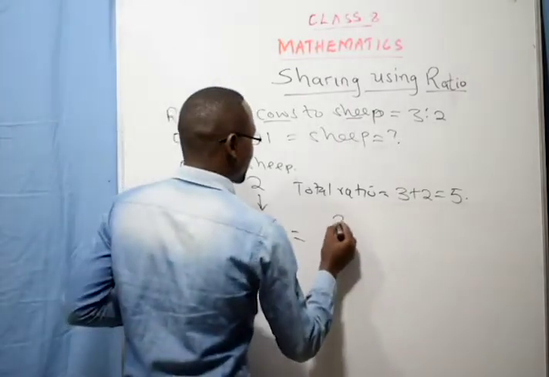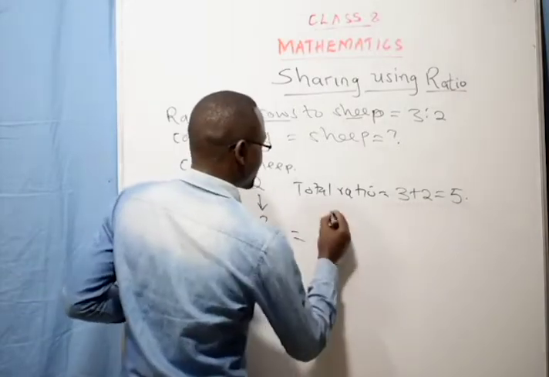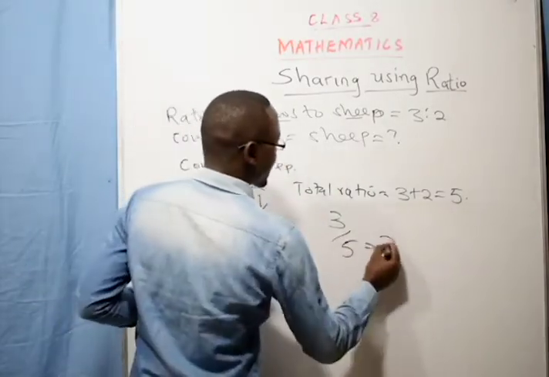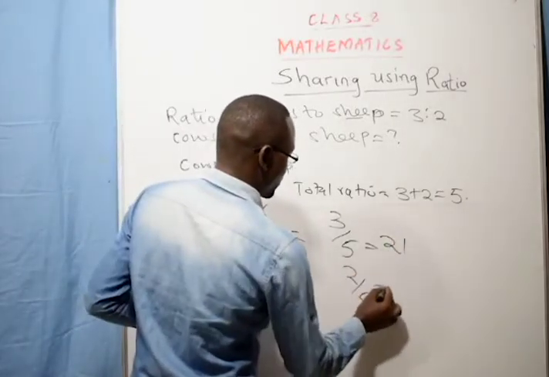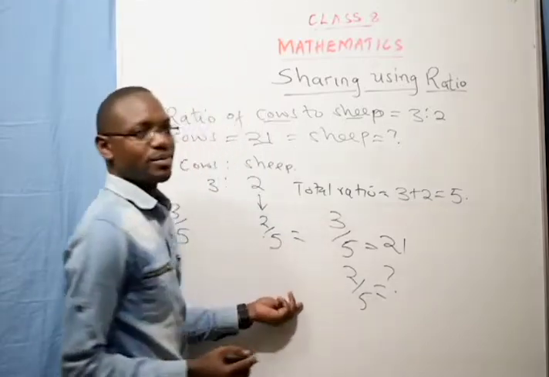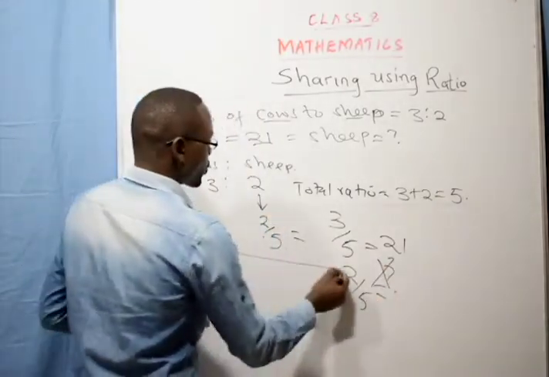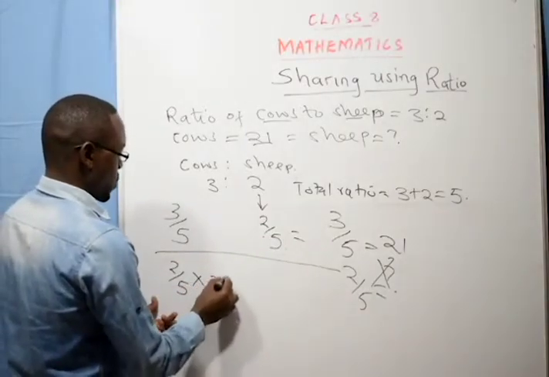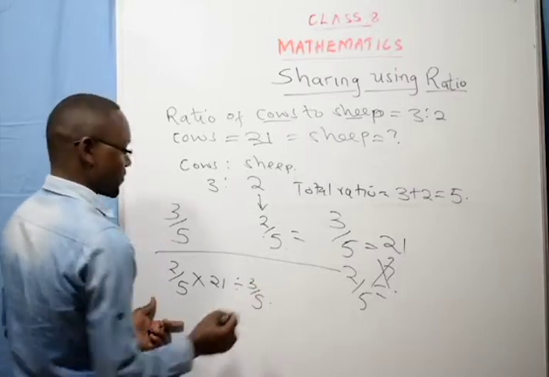Then you go to the representation. You ask yourself, if 3/5 represents 21 animals, what will 2/5 represent? From there we cross multiply. So we have 2/5 times 21 divided by 3/5.